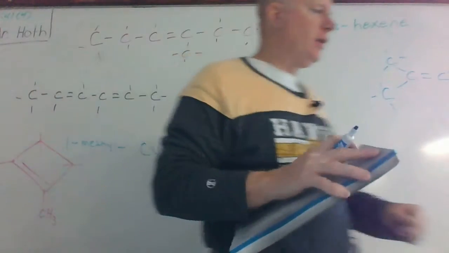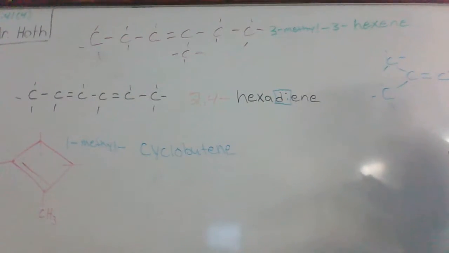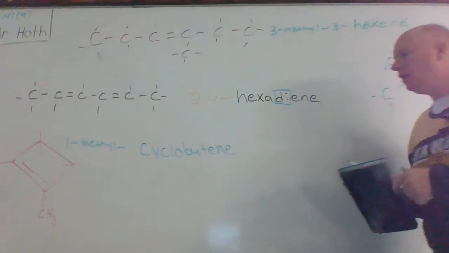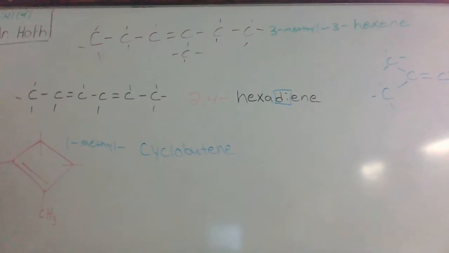Because we need to illustrate where that double bond is, on the 1st carbon, and we also have a methyl group on here as well. If we had this as 1, then the methyl is going to be on 2. Since there's only 1 methyl group on here, we want to give this the lowest number.